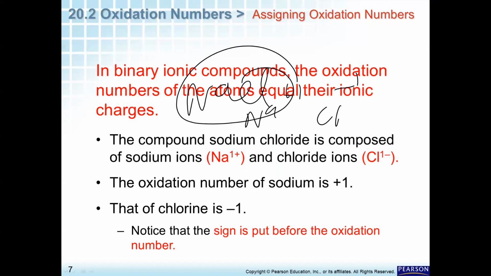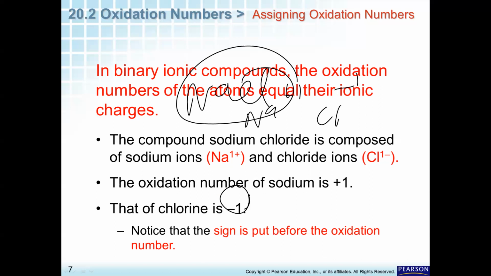The oxidation number is the same. Sodium has an oxidation number of +1 and Cl has an oxidation number of -1 too. So that is what it says here. The only difference is that when we assign the oxidation number, sometimes instead of -1, we say 1-.